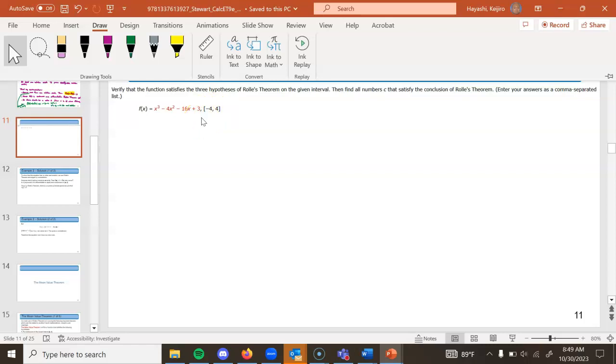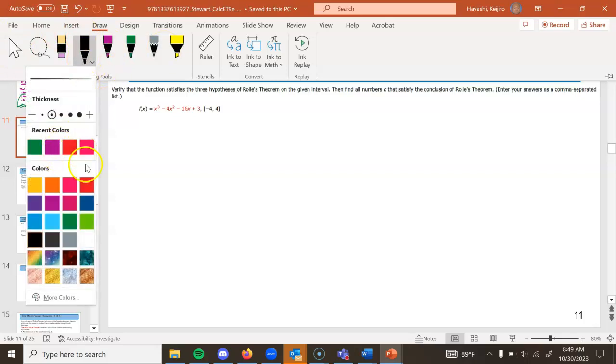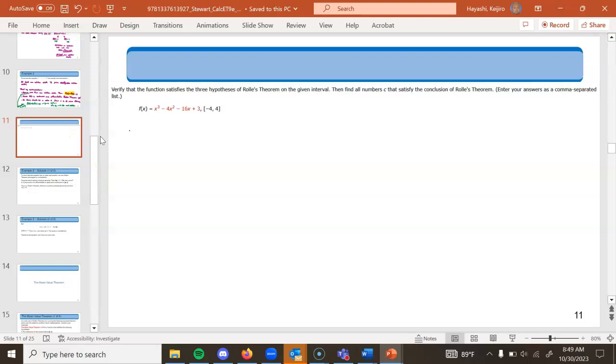Totally could. You could just take the derivative and set it equal to 0 and try to see if any values are in between -4 and 4. But first you want to know that you're not wasting your time trying to do that.